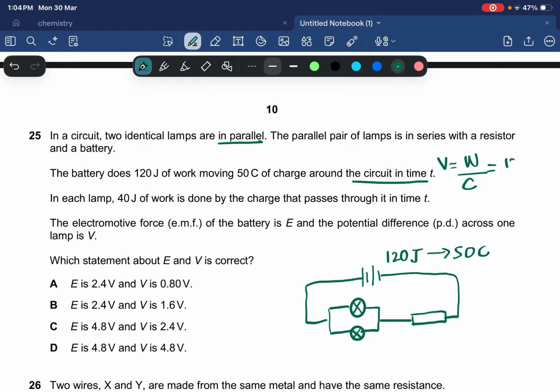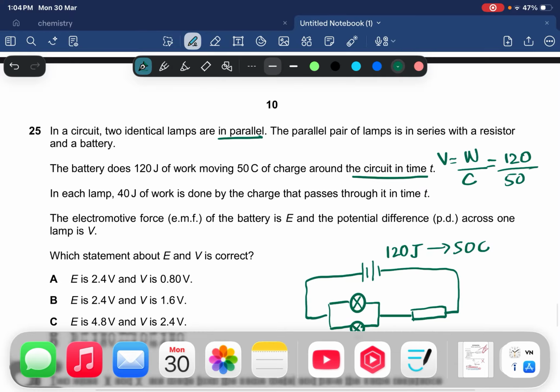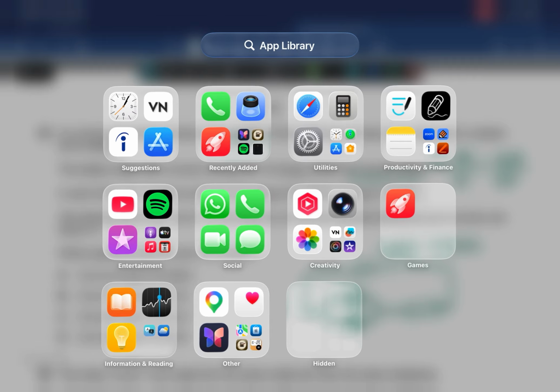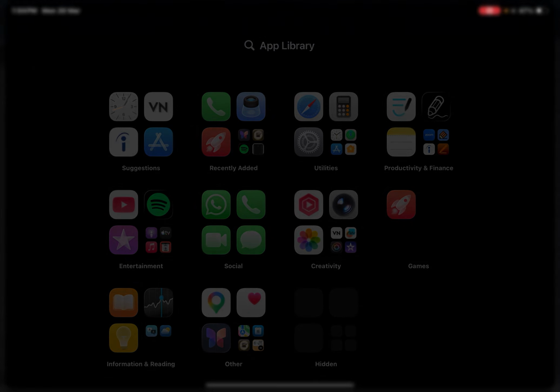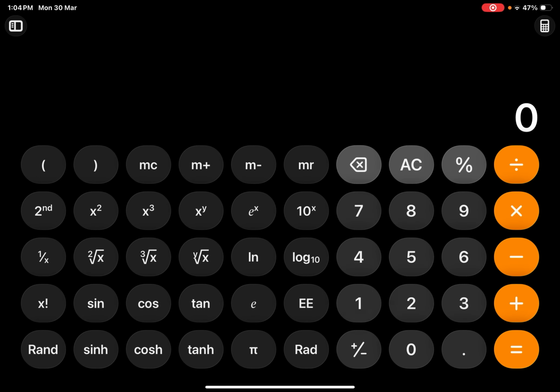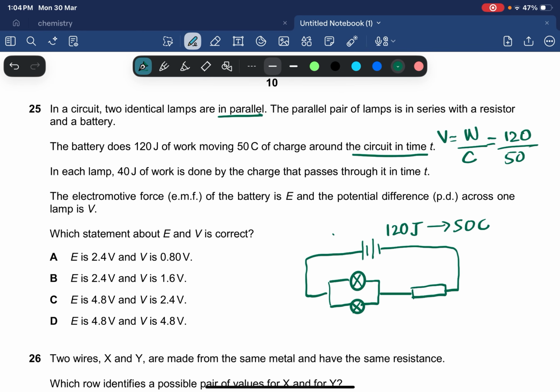So work done is 120 joules and charge is 50 coulombs. So what's going to be the EMF? 120 divided by 50, and that gives me 2.4. So 2.4 volts is the EMF of the battery.